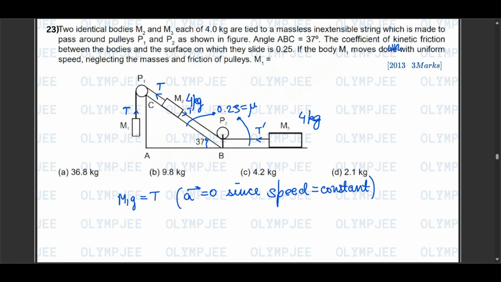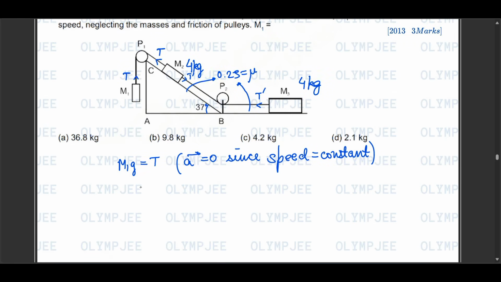So this will also have 0 acceleration, and since this is moving in this direction, the friction will be acting in downwards direction, down the incline. So I can write T is equal to M2g sine theta plus mu M2g cos theta plus T dash.